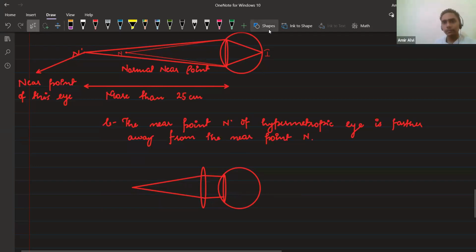So now as you can see, the image will be formed at the retina. Okay, like this. Clear? As you can see, by using a convex lens, we have basically corrected the defect.